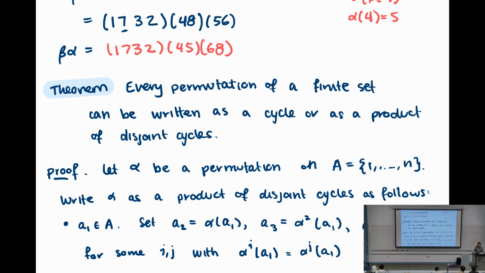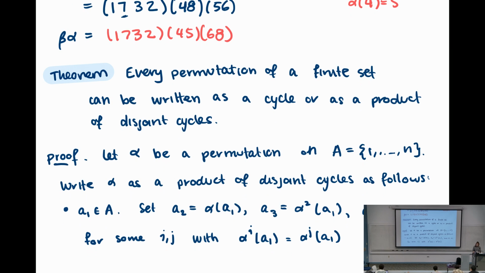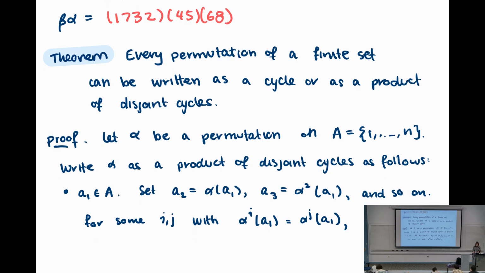And then we can solve this for A1. Let's suppose that i is greater than j. Then we would have alpha to the i minus j of A1 equal to A1.